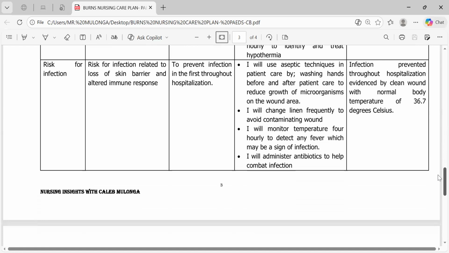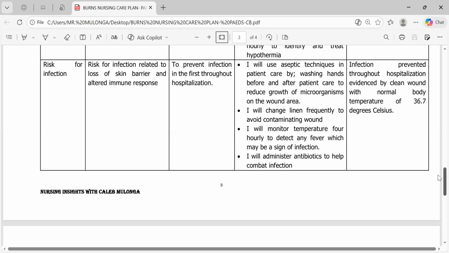Okay, so since the skin is exposed, and remember, one of the functions of the skin is that it is there to be the primary or the first line of defense. So once it is removed, the person has an increased risk of having infection. So therefore, once it is removed, it means that this person is at a high risk of having an infection.